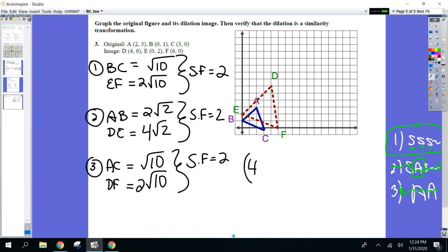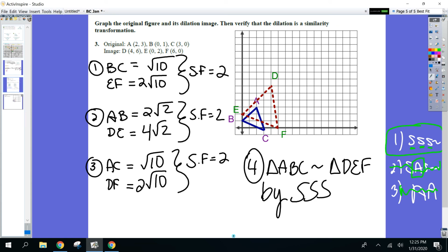So we can say that triangle ABC and triangle DEF are similar. Why? By side, side, side similarity. Okay, that's how that works. All the sides were in a ratio of 2 to 1.